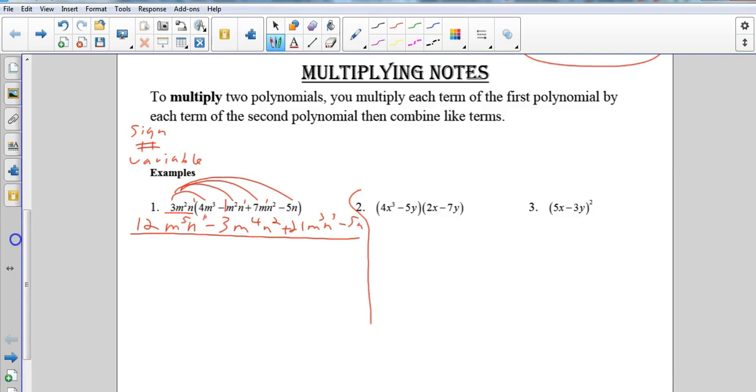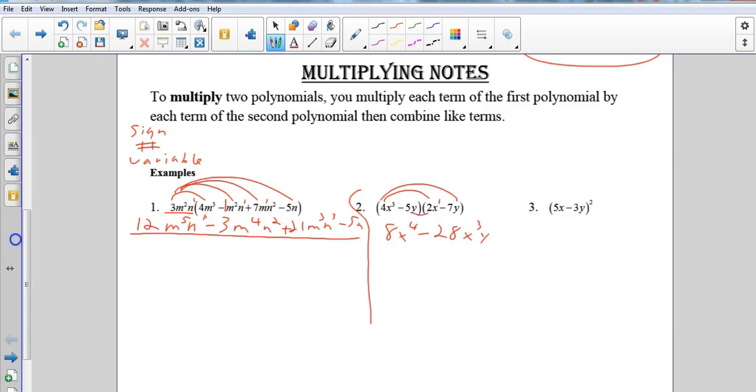Okay, so here we have a binomial times a binomial, 2 by 2. We're going to take the 4x cubed by each term. So 4 times 2 is 8. X cubed times x to the 1 is x to the 4. Second term, 4 times negative 7 is negative 28. X cubed times y is just that, x cubed y.